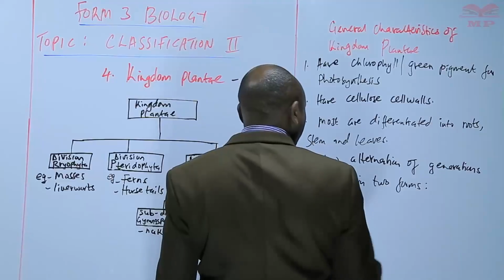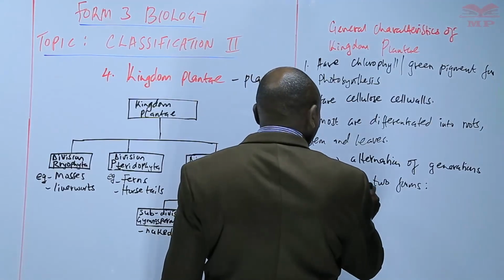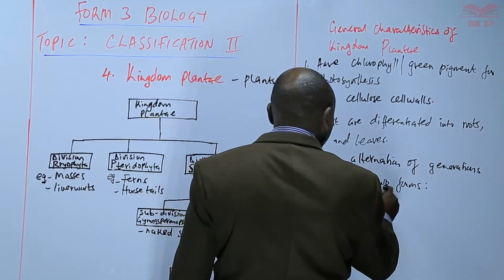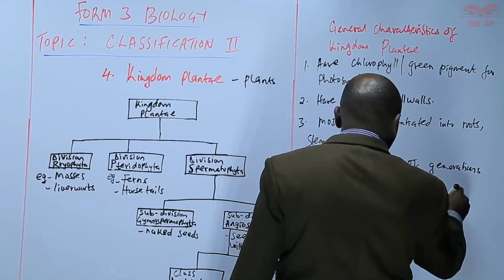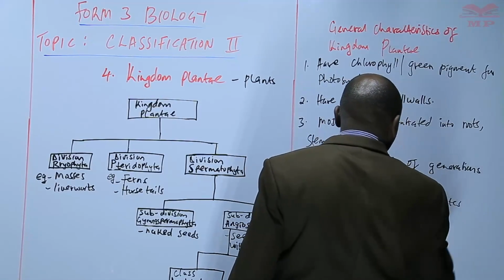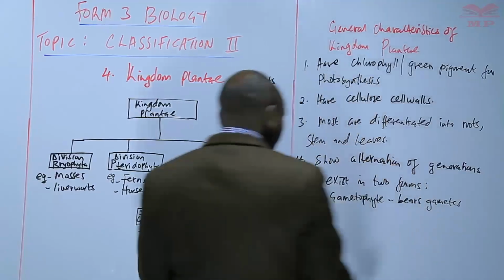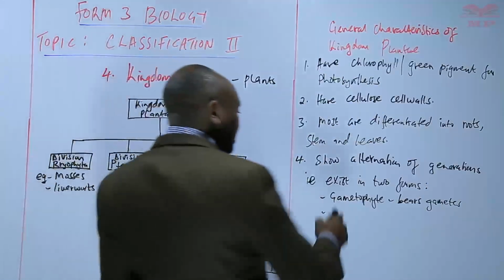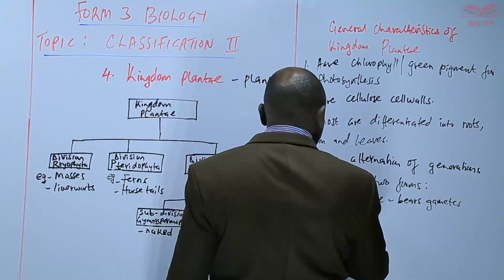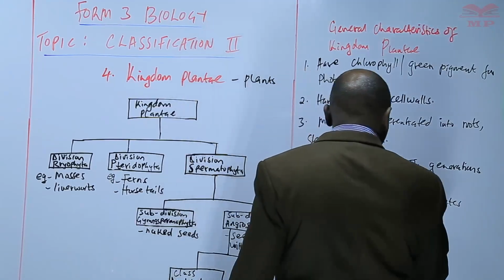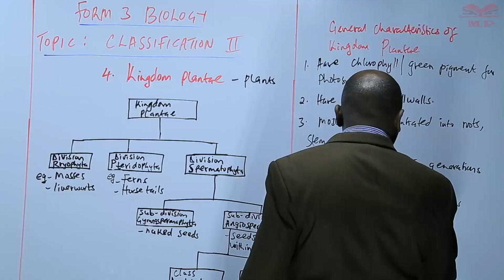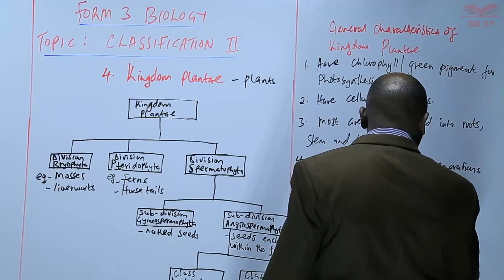The form that bears the gametes is called the gametophyte. This one bears gametes. We'll find out what gametes are there for. And then we have another form that is known as the sporophyte, and this one bears spores.